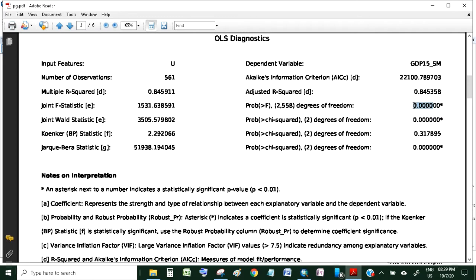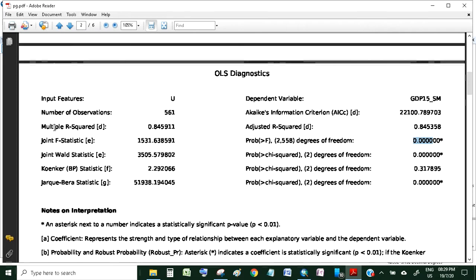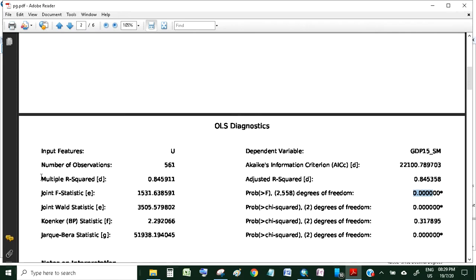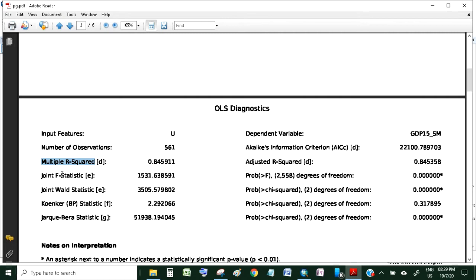This is significant, this is significant. We know about the R squared value, but it is also important to know the F statistic, the Joint Wald statistic, Koenker statistic, and Jarque-Bera statistic. All these statistics will confirm whether your model is fine or not.